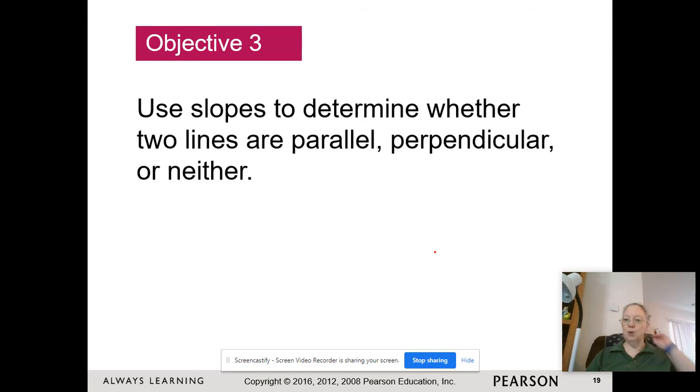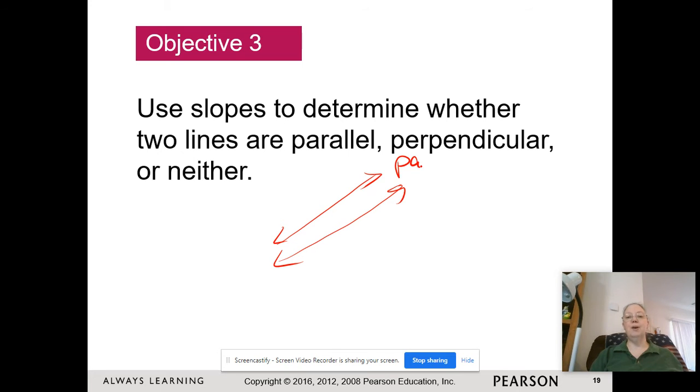Okay, parallel and perpendicular lines. If you guys recall, when we have parallel lines, let me give you an example. I didn't draw that one very well, but you get the idea. Let's suppose these are two parallel lines. Notice they tilt exactly the same. They're both going up and to the right, and they have the same level of steepness.